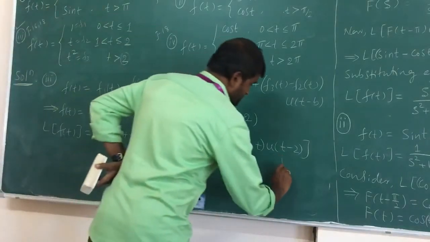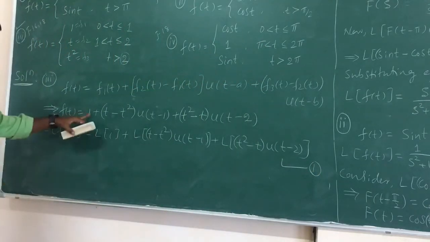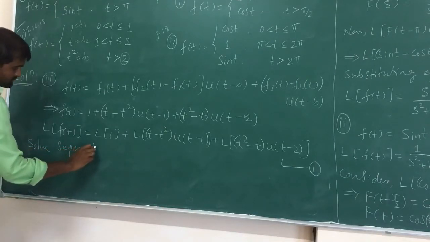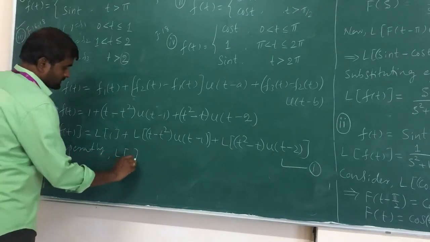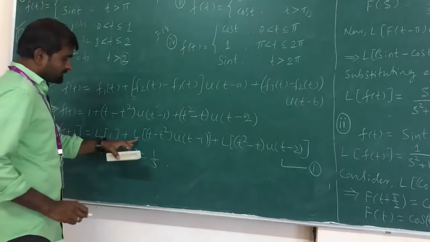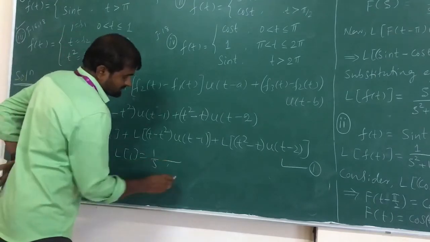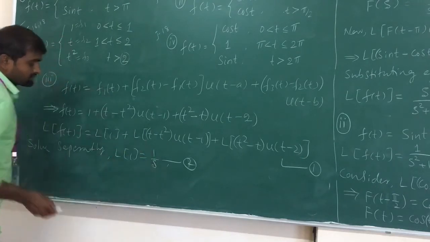So this is equation number 1. L of 1 is 1 by s, right? Now solve separately. First one, L of 1 is 1 by s. Then next, consider the second term.